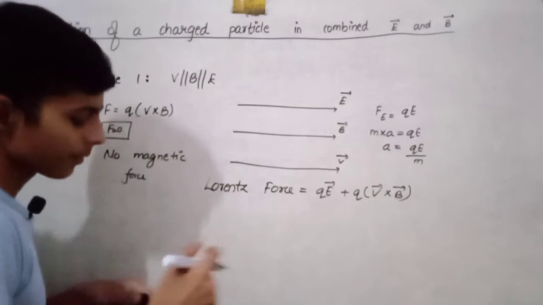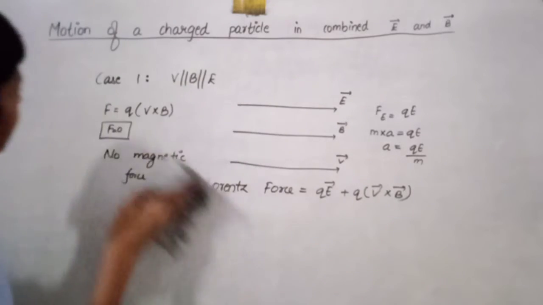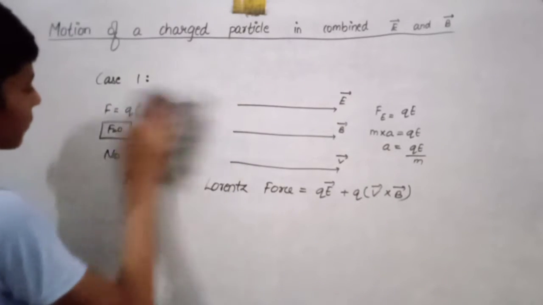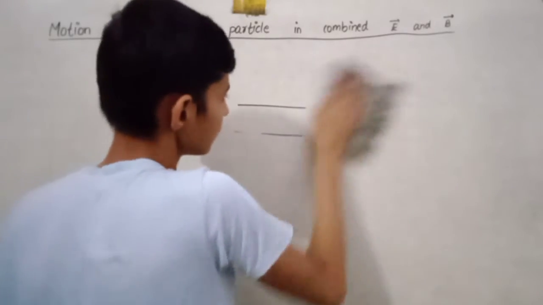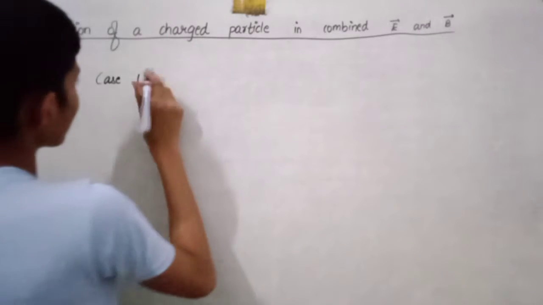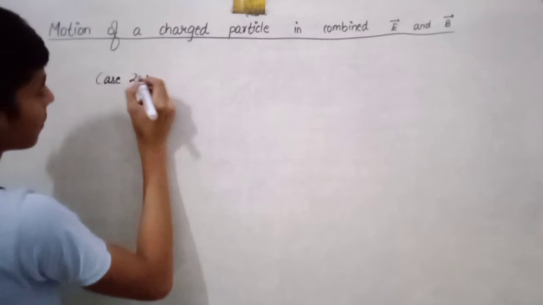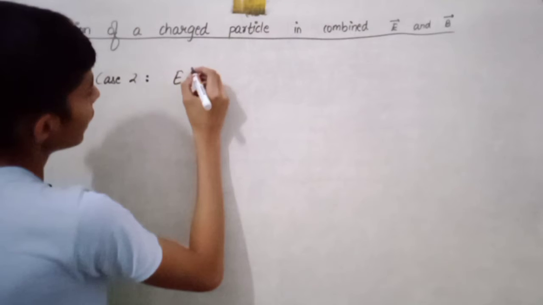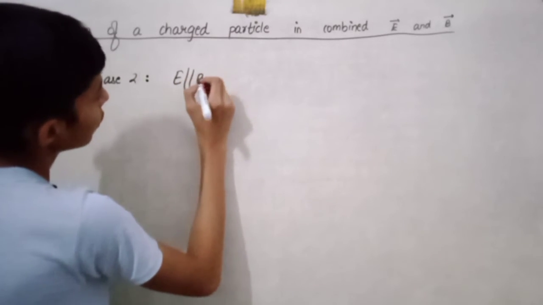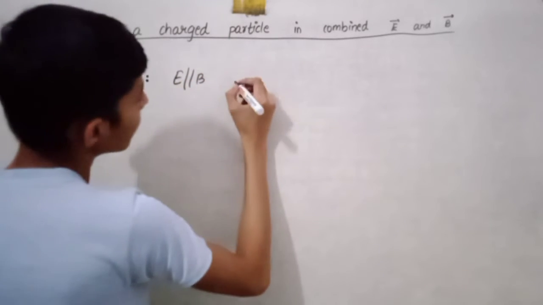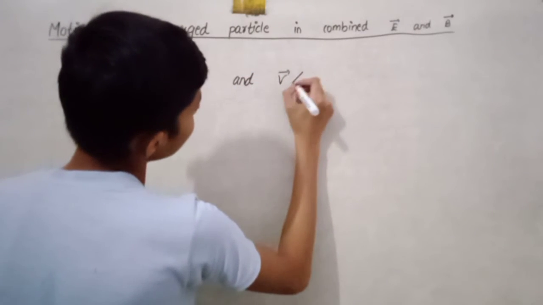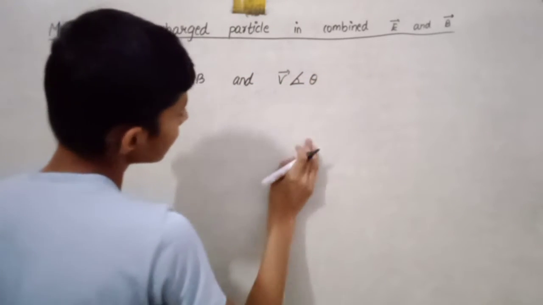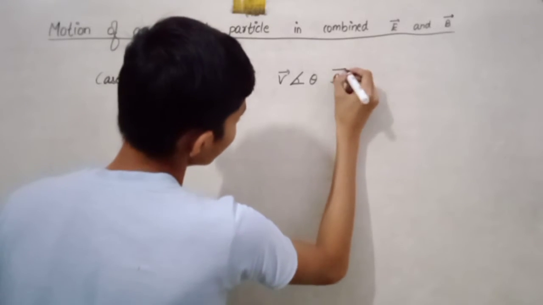So our next case, case 2, is when electric field is parallel to magnetic field and velocity is at a certain angle to magnetic field.